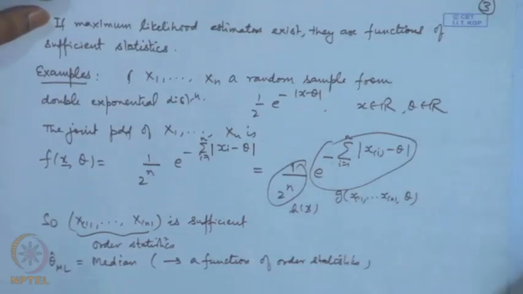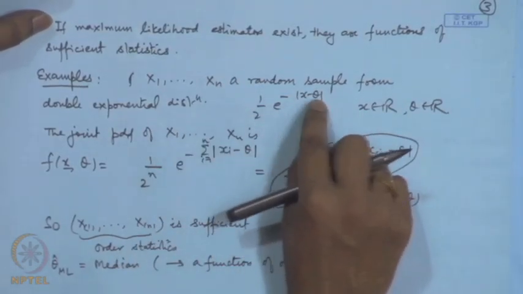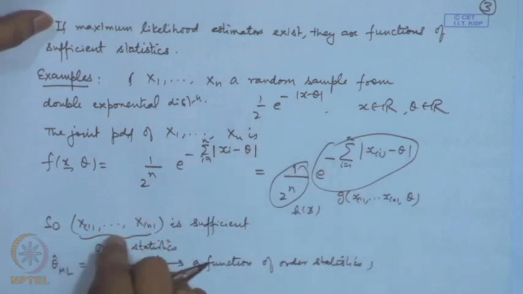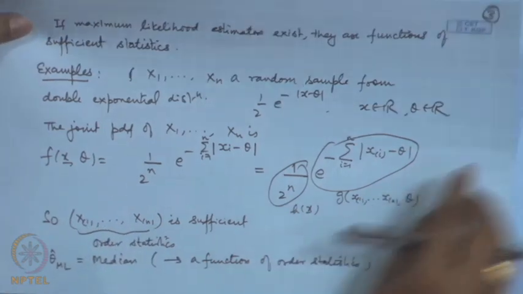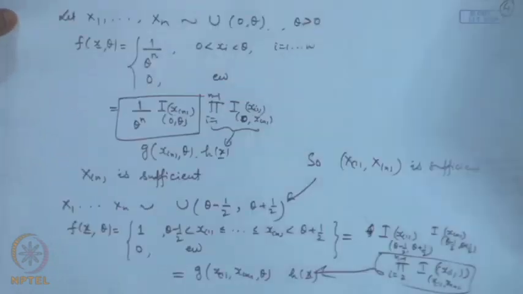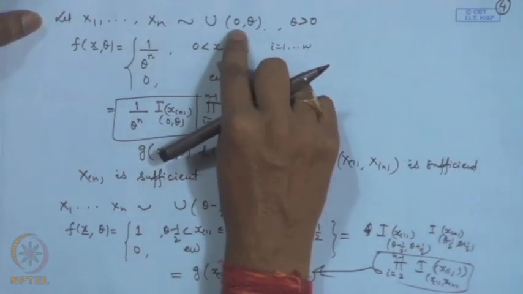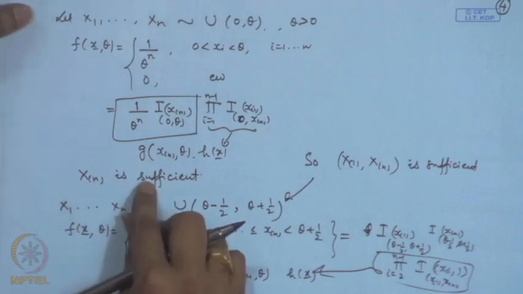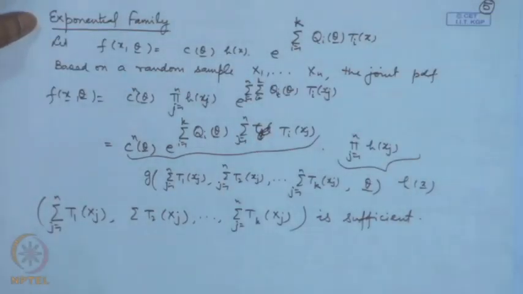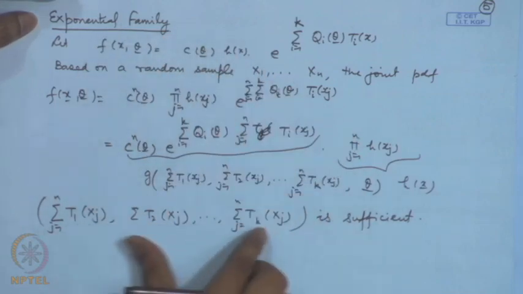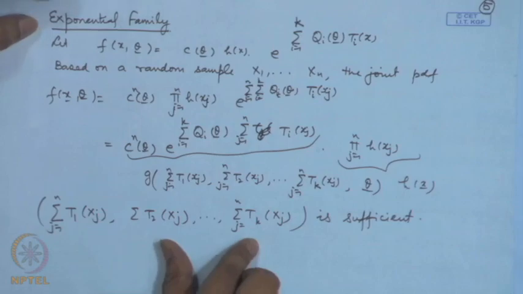If we consider say a double exponential distribution, in that case the full sample reduced to the order statistics will be minimal sufficient. If we consider uniform distribution on the interval 0 to theta, then x n will be minimal sufficient. If we are considering the exponential family, then the statistic that we have written will be minimal sufficient.